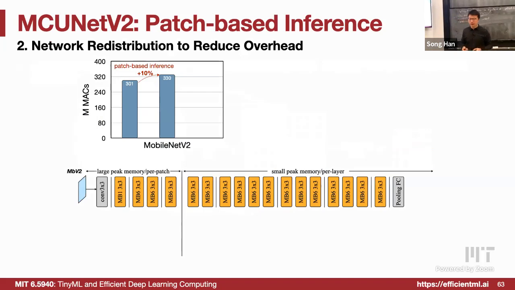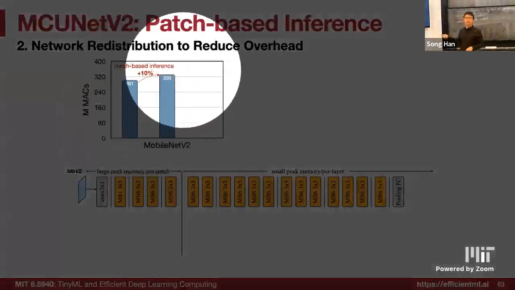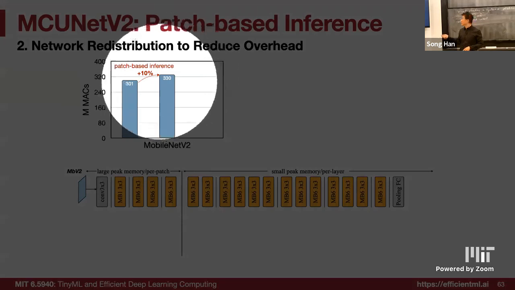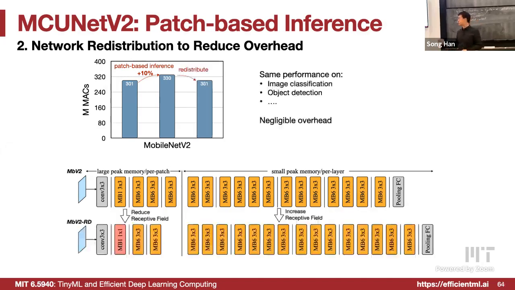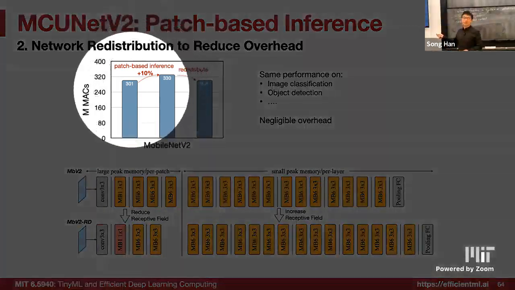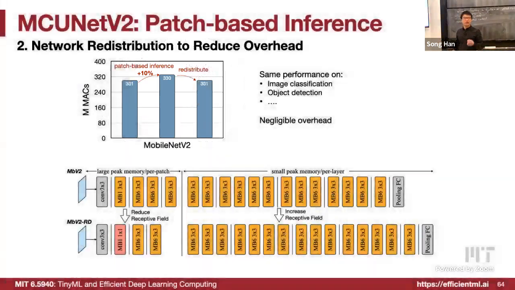And how much is the overhead? We measured that on model ME2 and found it's about 10% overhead. So everything an order of magnitude smaller can be ignored for first order approximation, but actually we can do optimization to remove that 10% overhead by redistribution. How do we do that?